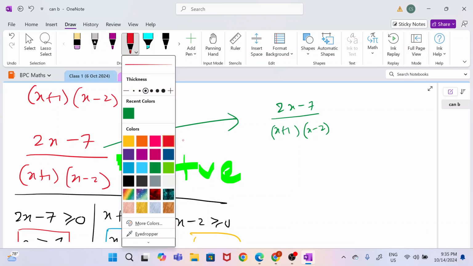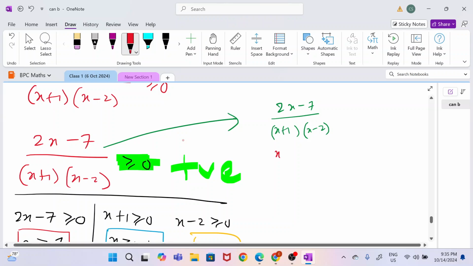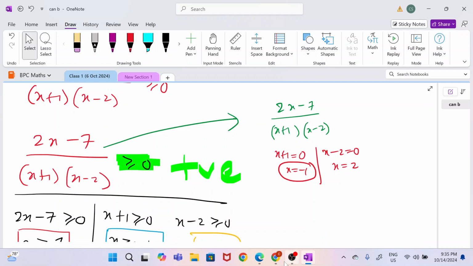See, in the denominator, what is this one? x plus 1 equal to 0. In the answer, we cannot include x equal to negative 1, and also x equal to 2 we cannot have inside.